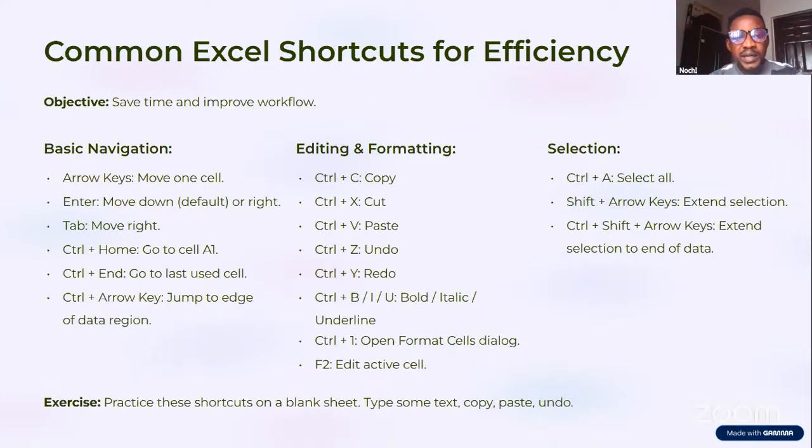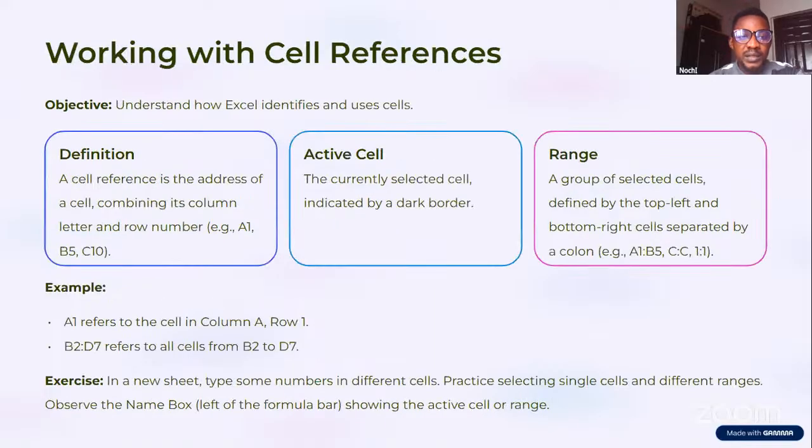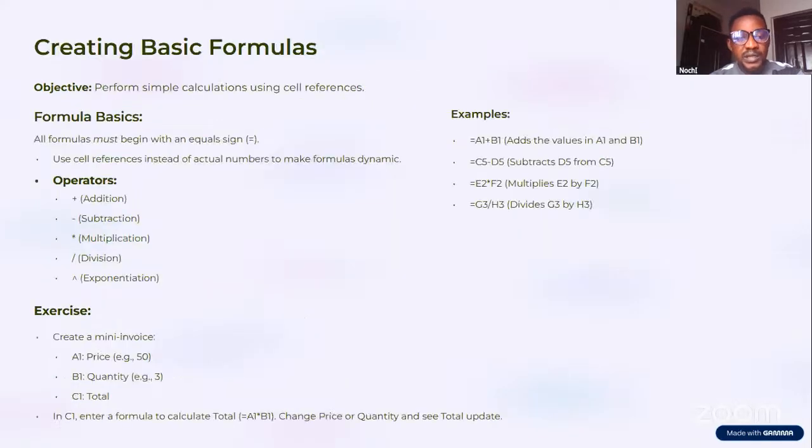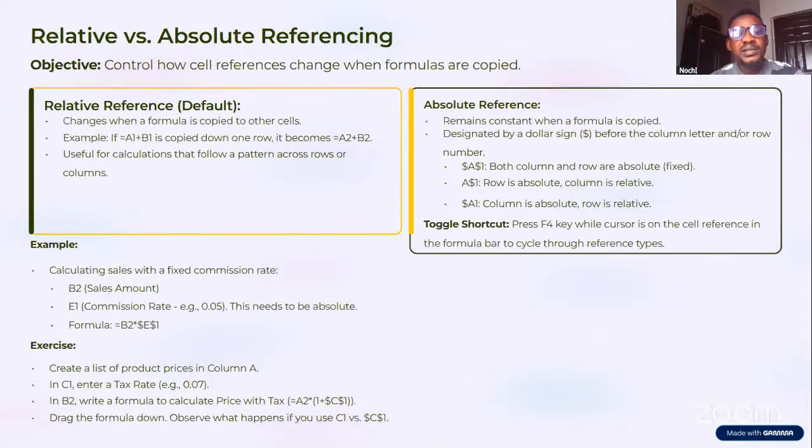And then we talked about the shortcuts, to improve your efficiency in your duties. And we talked about self-referencing, what it means when you say reference a particular cell, the name of the column and then the row will give you a particular cell. And then we talked about the basic formulas, the addition, subtraction, multiplication, division. And then we talked about absolute and relative referencing.